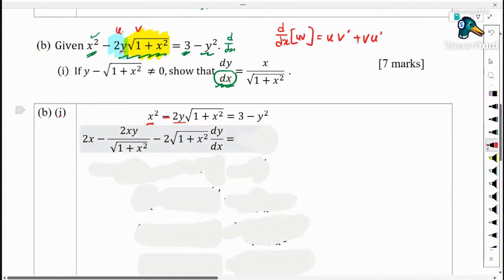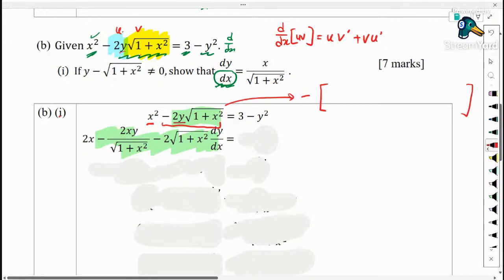Okay. Once again, if you're not clear enough what is going on in these differentiations here, let me highlight the parts. Maybe I use another color. Let me highlight the parts here in green. This is the result of the differentiation. And how I get this result here, let me write back step by step. So I suppose that I consider this whole thing here becomes negative brackets, as I mentioned just now.